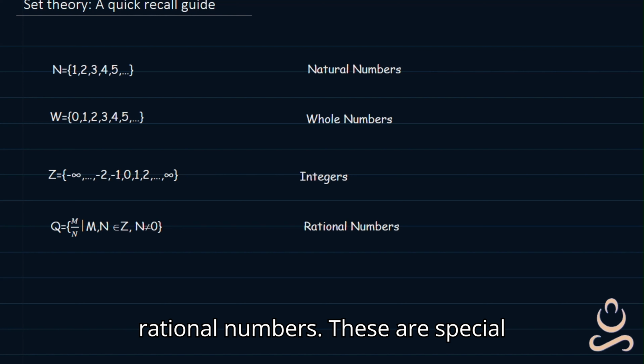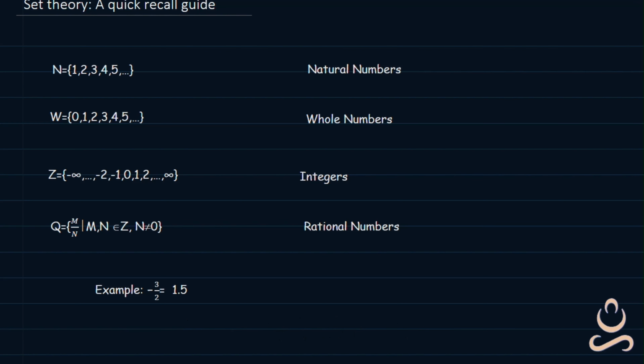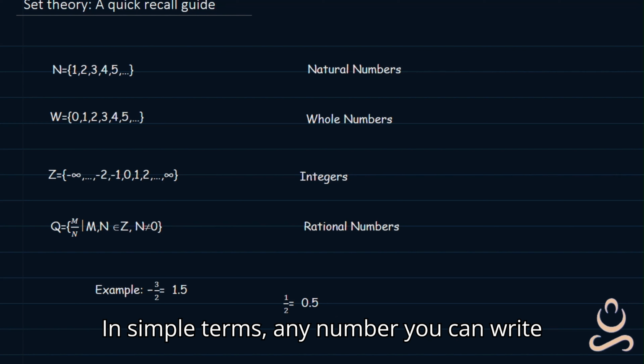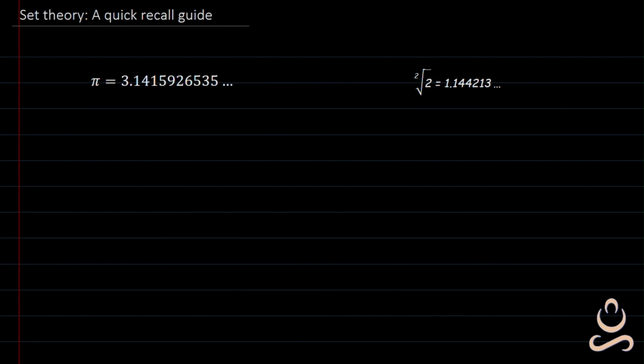These are special numbers that can be expressed as fractions, like for example 3/4 or minus 2/5. In simpler terms, any number you can write as a fraction, where the numerator is an integer and the denominator is a non-zero integer, is a rational number.